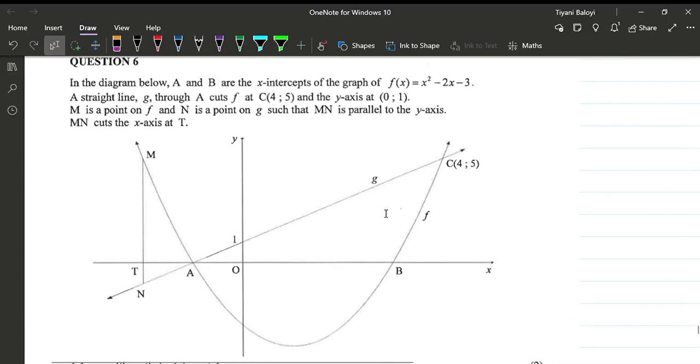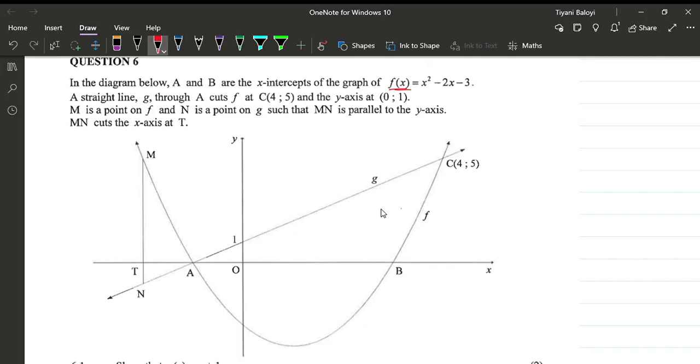So let's get started. It says in the diagram below, A and B are the x-intercepts of the graph of f of x is equal to x to the power 2 minus 2x minus 3.